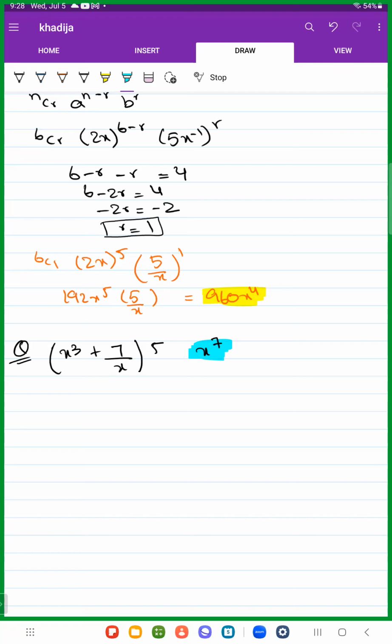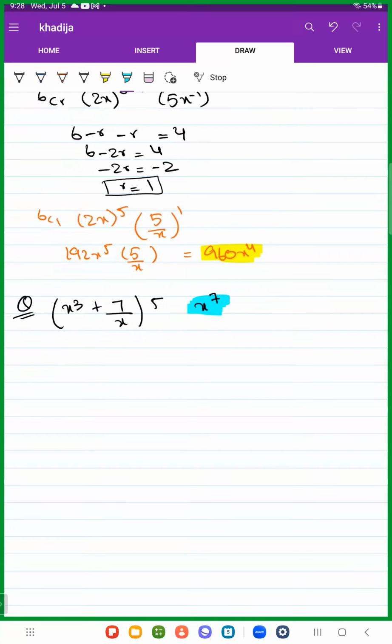Tell me a value for r when you find it. Yeah, sure, I will. Just give me a minute.